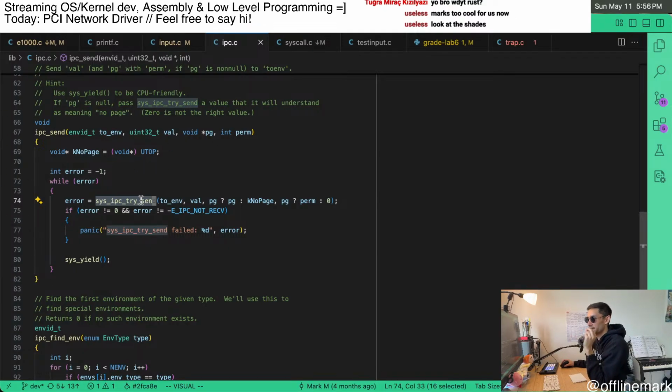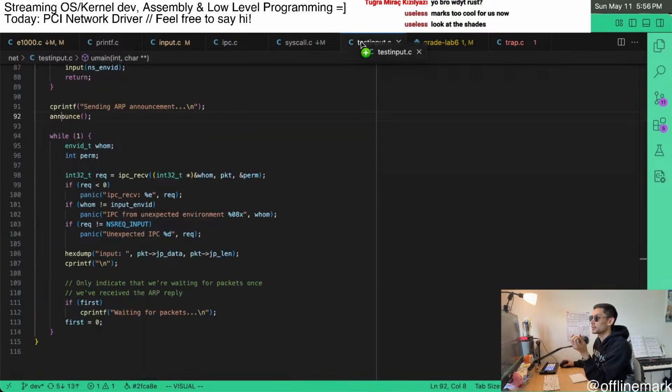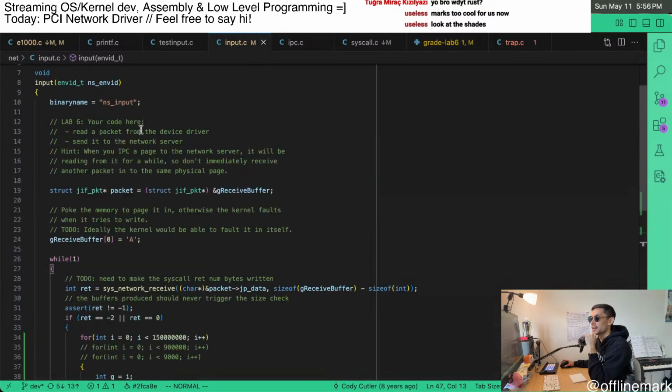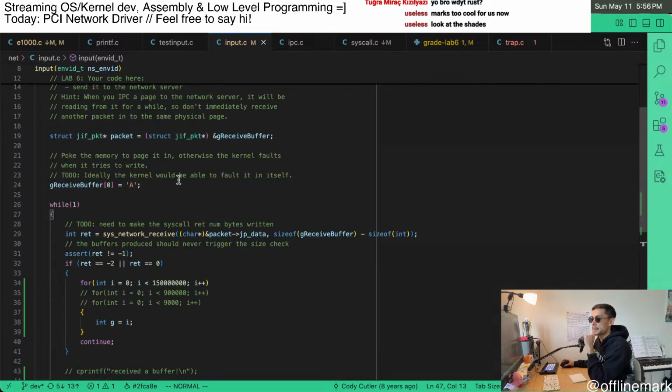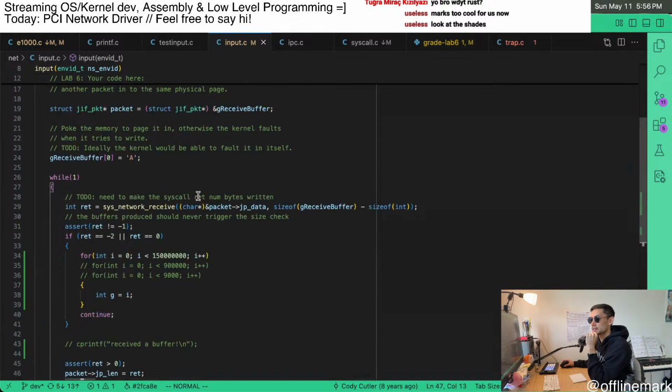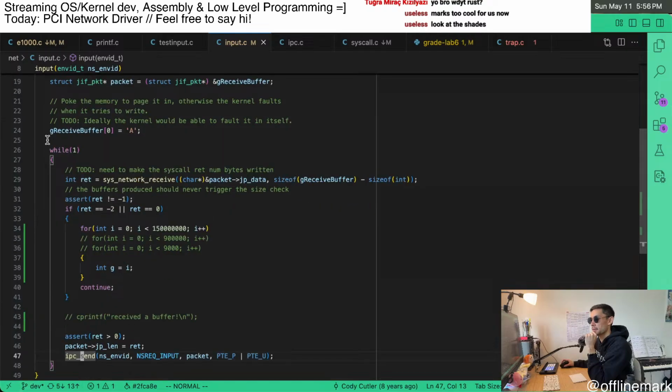But this is interesting. Let's say it worked. Let's say the parent process was sitting there ready and waiting, which I think it kind of should be. So here's how that works. We fork kind of high up here actually. We fork the input process, and it immediately starts trying to receive stuff and pass things to the parent.